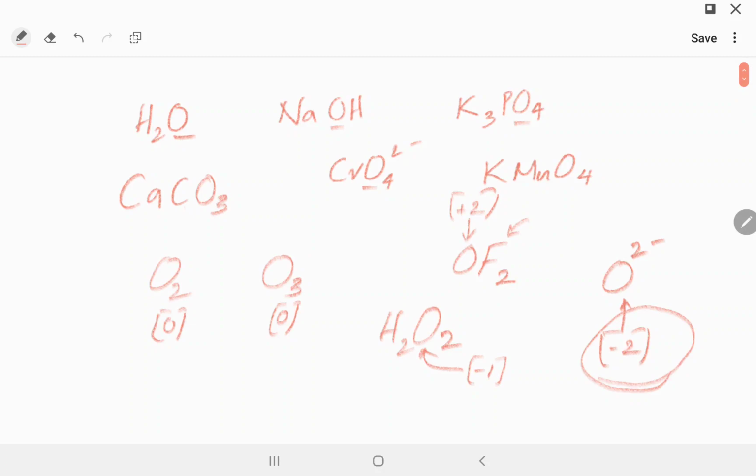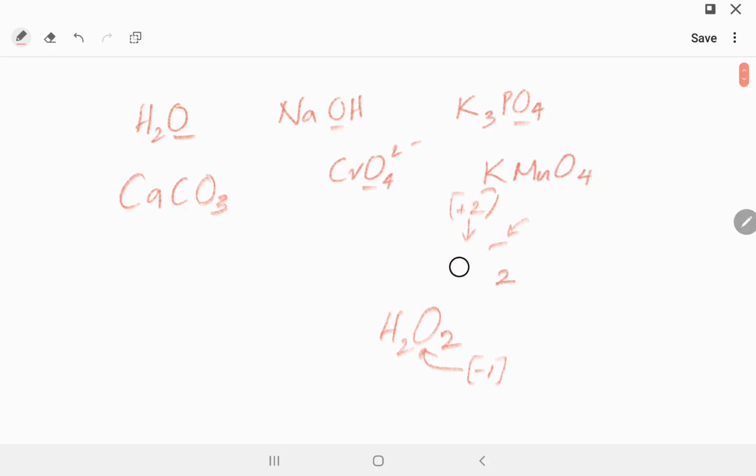So this is a peroxide. And then, of course, hydrogen should be +1 because it is attached to an oxygen. So each hydrogen will be +1, and each oxygen will be -1.